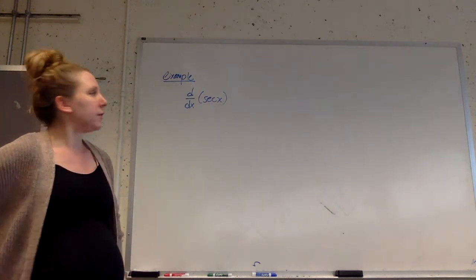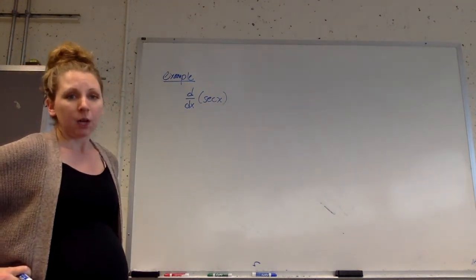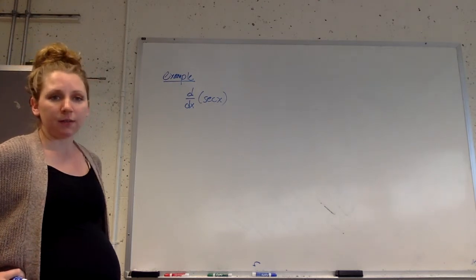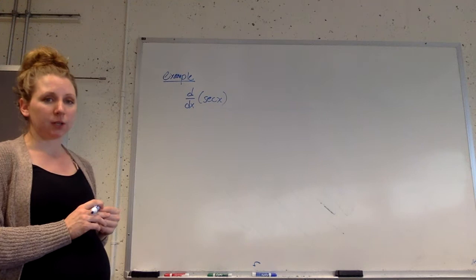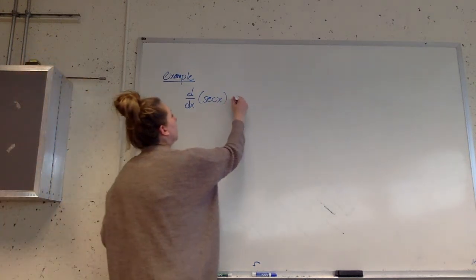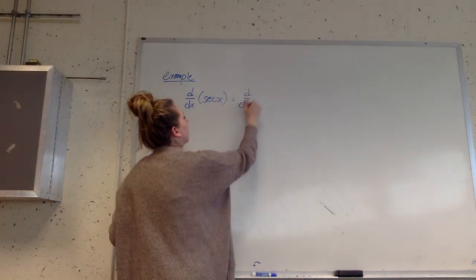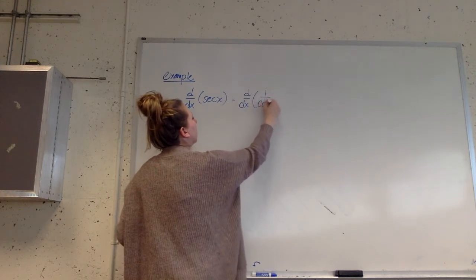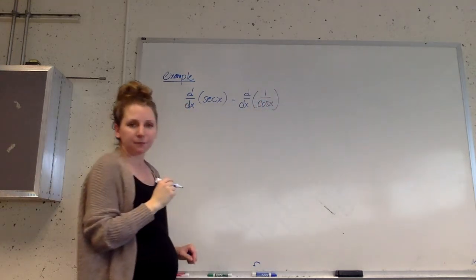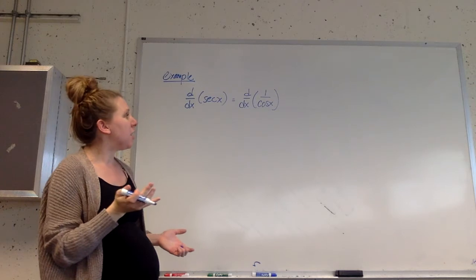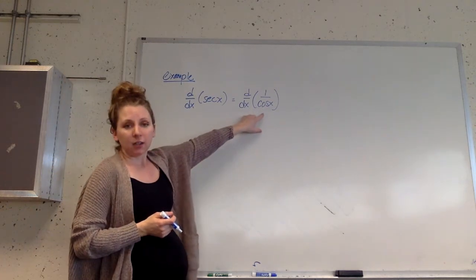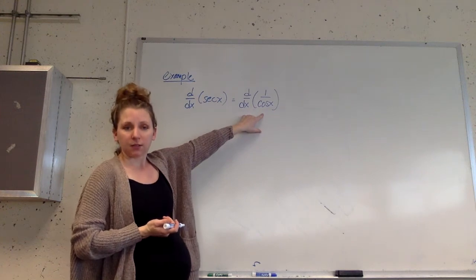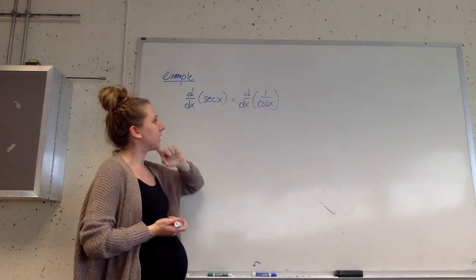So the derivative of secant, well, we can write this as the derivative of 1 over cosine, because secant of x is equal to 1 over cosine of x. Then, we're assuming that we know the derivative of sine and cosine here. But here, I can use the quotient rule again. We just talked about the quotient rule in the last section.